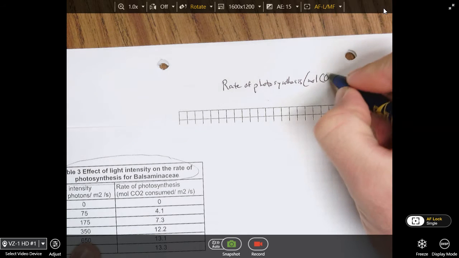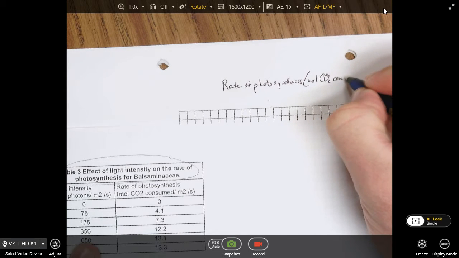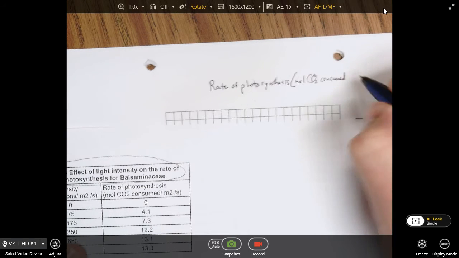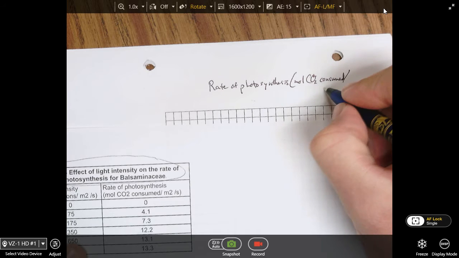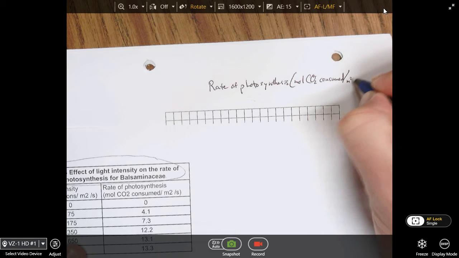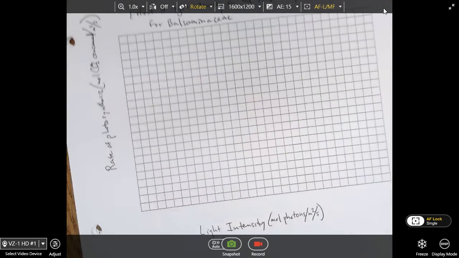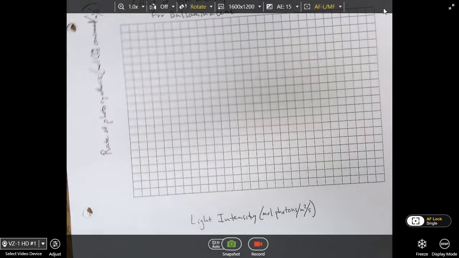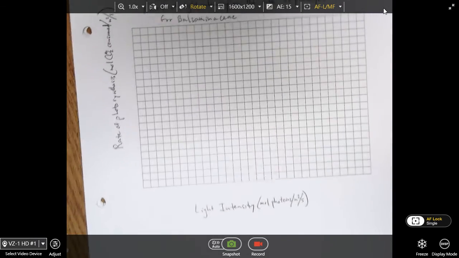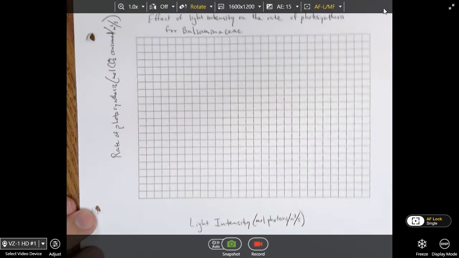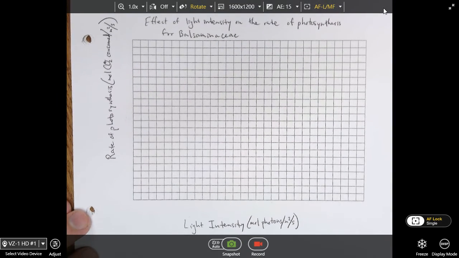Moles of carbon dioxide consumed per meter squared per second. Okay, so I have now all of these labels on there, and I have three of the proficiency requirements done already.